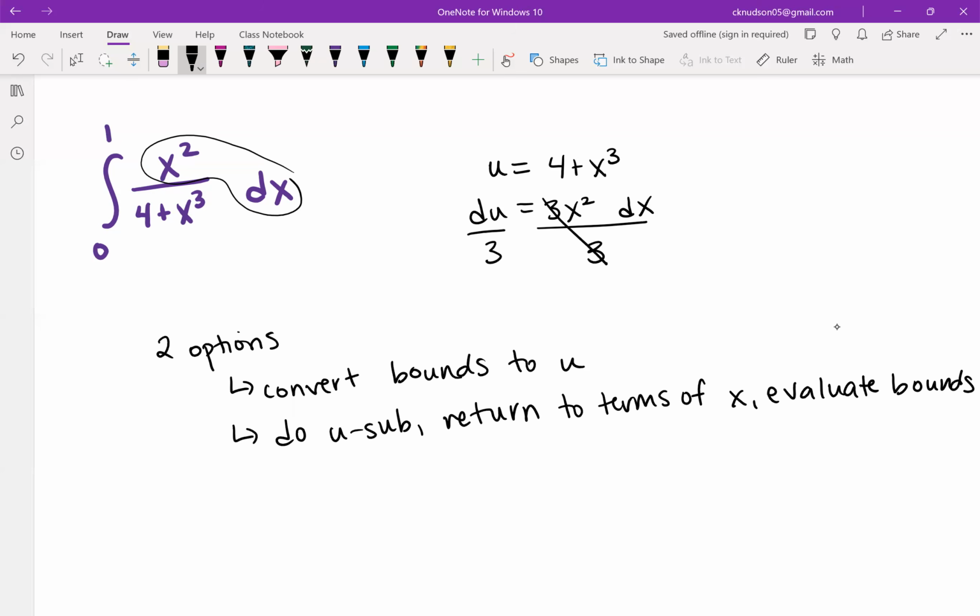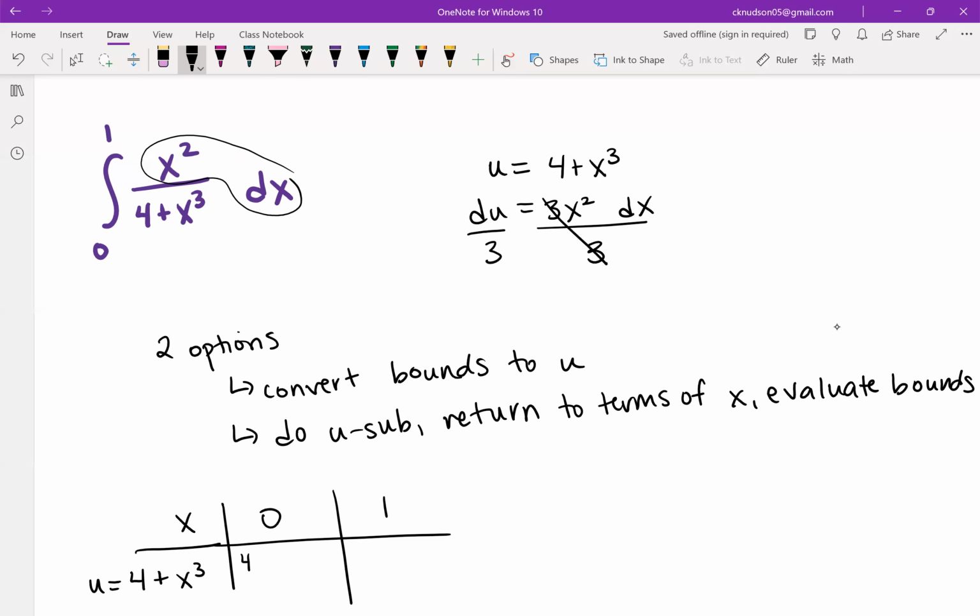Okay, so our original bounds are in terms of x. And one of our x values is 0. The other x value is 1. So all we have to do to find the bounds in terms of u is plug 0 into 4 plus x cubed, and then also plug 1 into 4 plus x cubed.